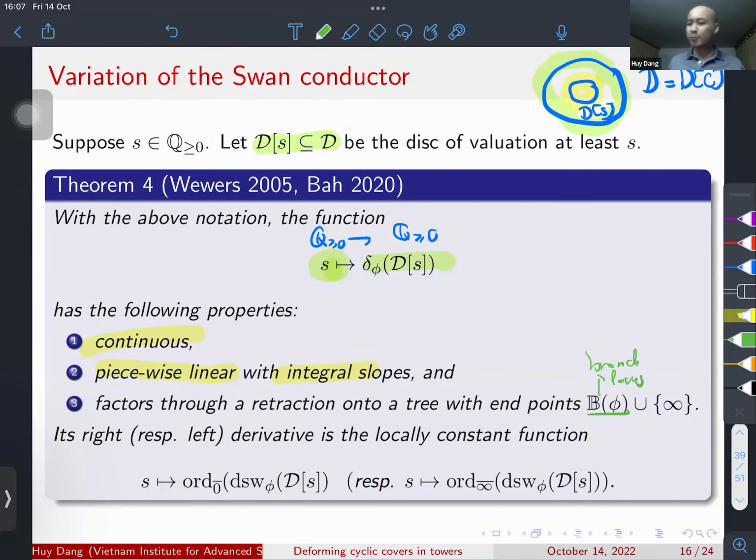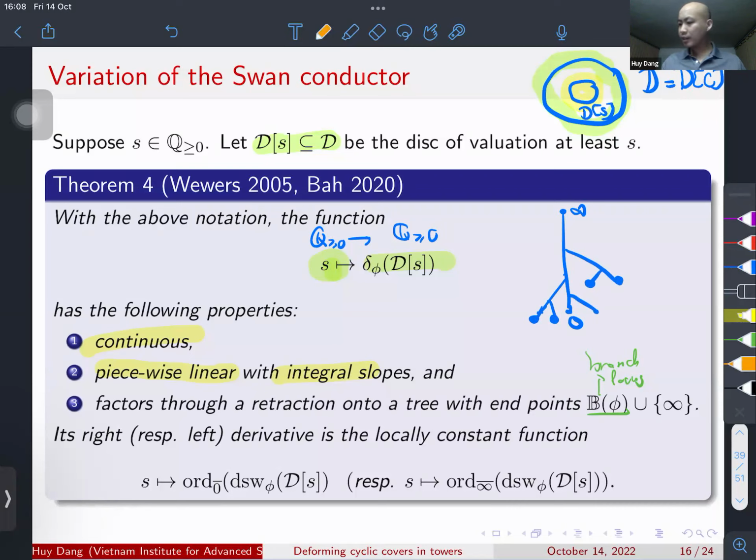Right, so what it tells you, again, because we want to understand the depth, is that even though the Berkovich projective line is huge, maybe infinity here, maybe 0 here, you only need to consider the points on the branch locus and infinity, right? So if the branch locus contains this point, then the tree like this, the small tree like this, is all you need to consider.